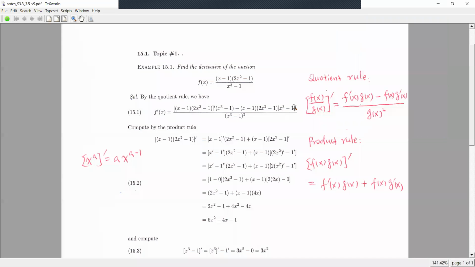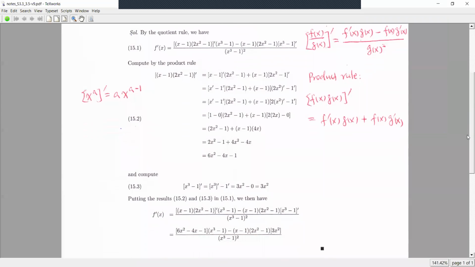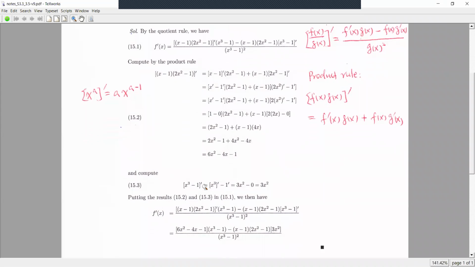For this derivative, by difference rule, we have the derivative is derivative of x to the third minus derivative of 1. X to the third derivative is 3 times x squared by the formula here. Derivative of 1 is 0. Therefore, this derivative is 3x squared.